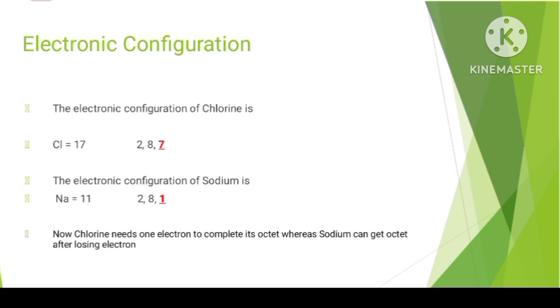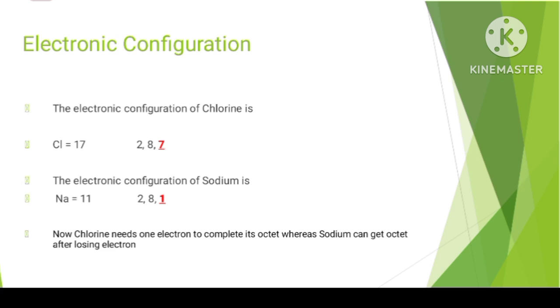And as I already explained in my previous video, each atom should have 8 or 2 electrons in its valence shell. If they do not possess 8 or 2 electrons, it means they are not stable. So now chlorine has 7 electrons in its valence shell. It means it needs 1 electron to complete its octet.